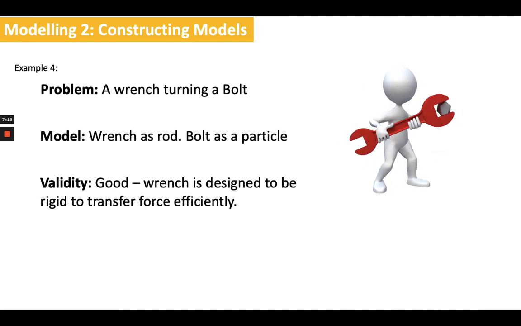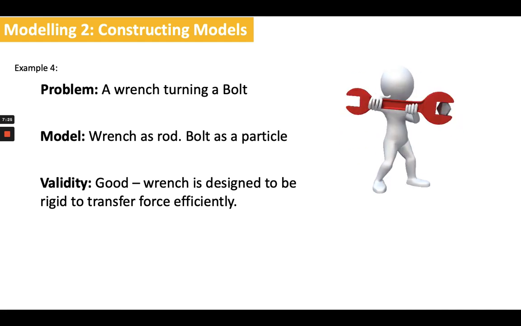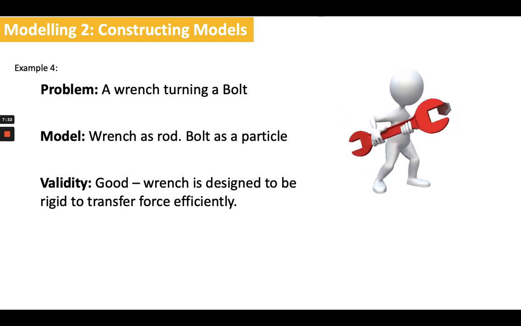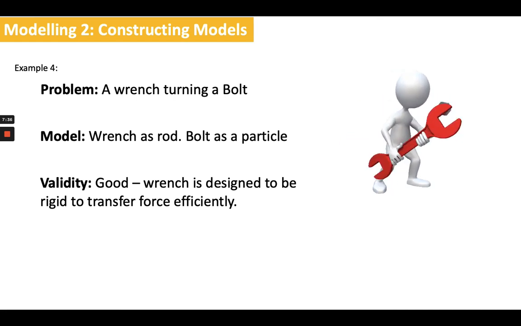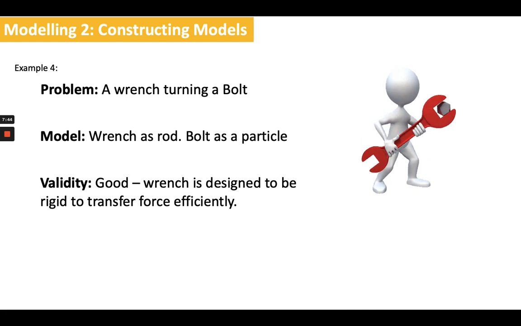And in this case, my validity is fairly good because I'm using a wrench as a rod. I've got a rod which is rigid, and that rigidity is also in the design of the wrench. I always want my wrench to be rigid, so it transfers a force, a turning force, which we'll call a moment, more effectively and efficiently.